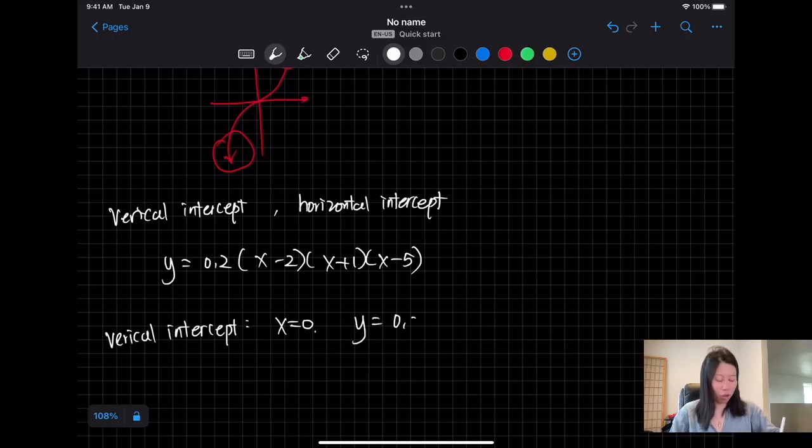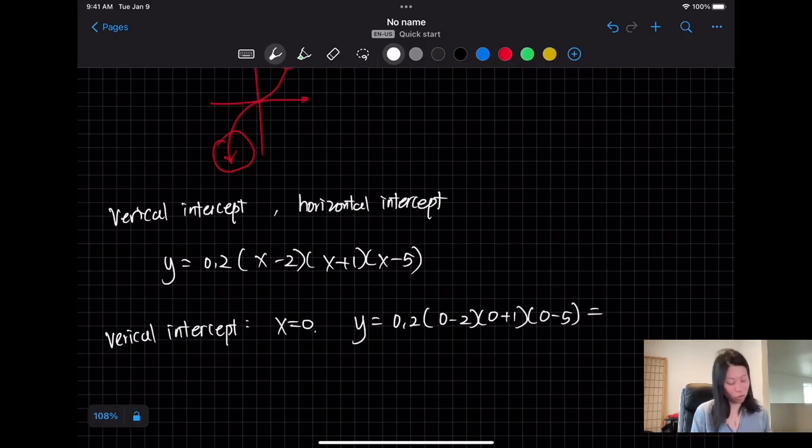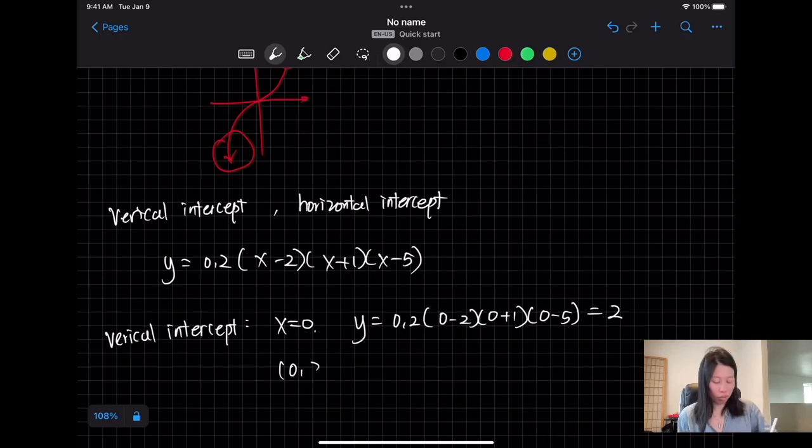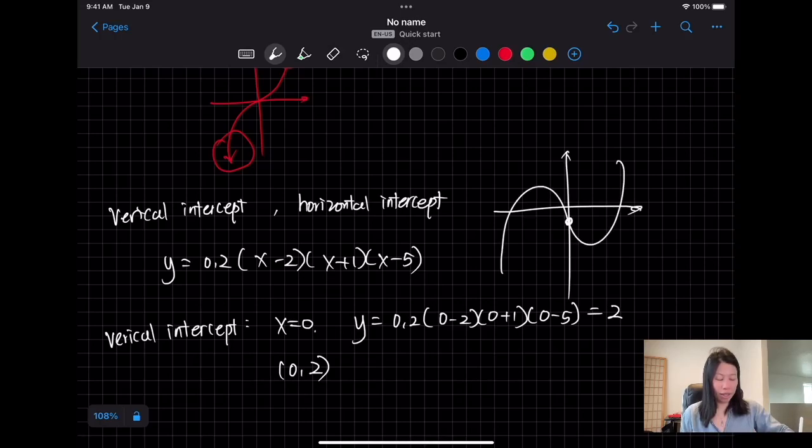I will get 0.2 times (0 − 2), and then (0 + 1), and then (0 − 5). So that gives you positive 10, and then times 0.2, which is 2. So that means your vertical intercept is going to be (0, 2). Remember, an intercept of a graph is a point, so you need to write it as a point coordinate.